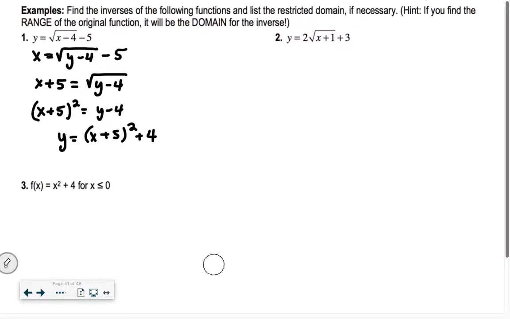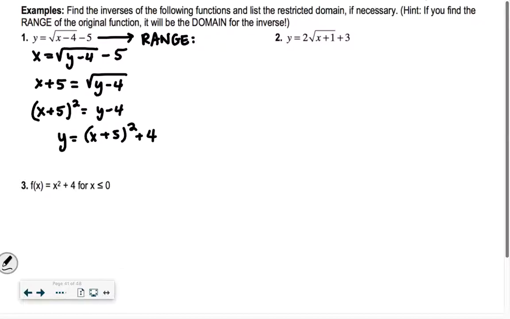So we're going to look at the original function's range. Okay, and this is tricky for some. So range is all the possible things we can get out. If I take the square root of a number, what's the smallest number that I can get when I take a square root? 0. Square root of 0. I can't get a negative out. Do you guys see?